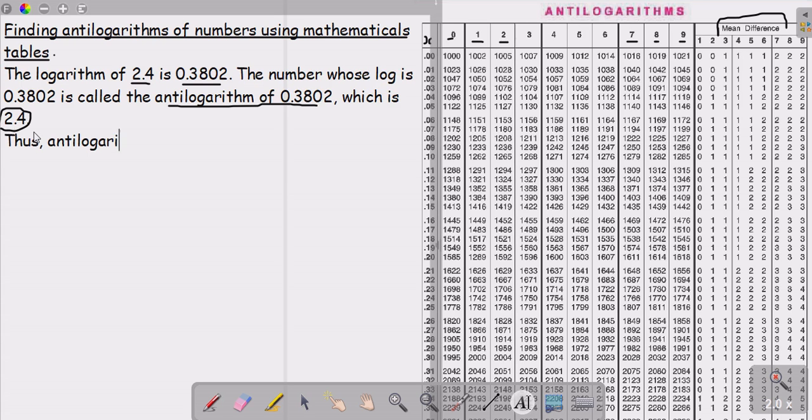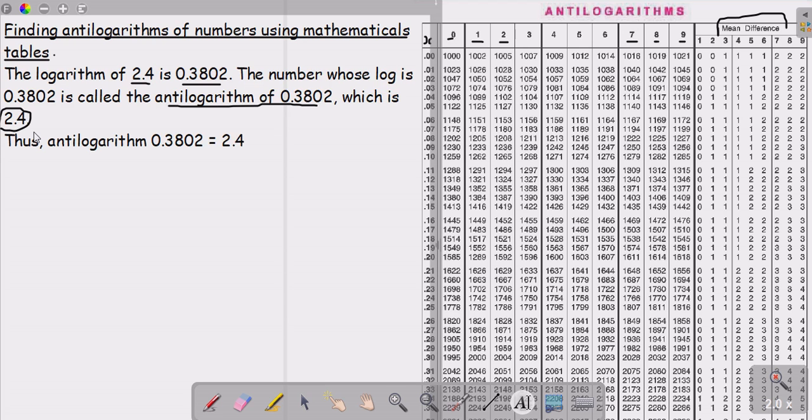So on a new line, the antilogarithm of 0.3802 is 2.4. That's what we have to know.